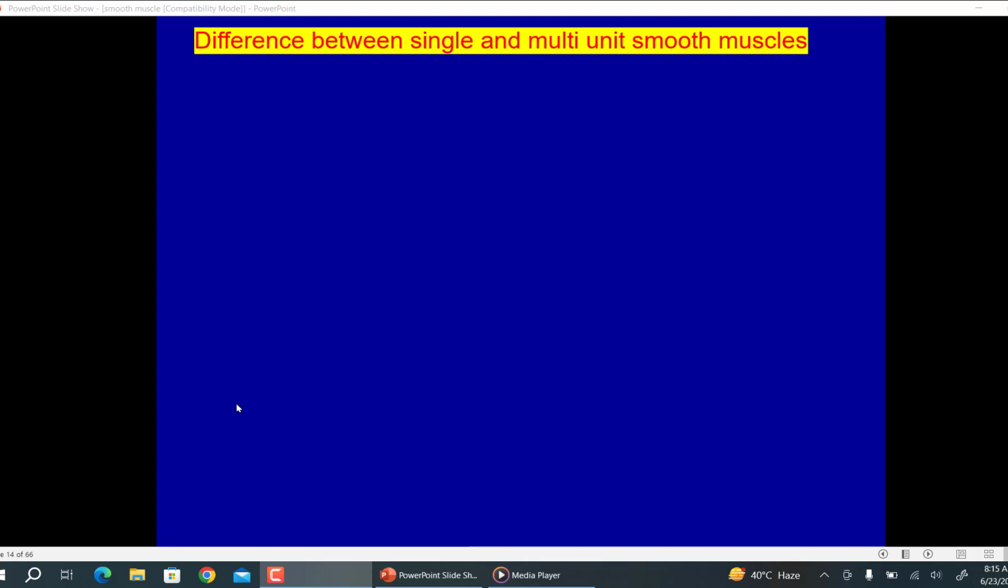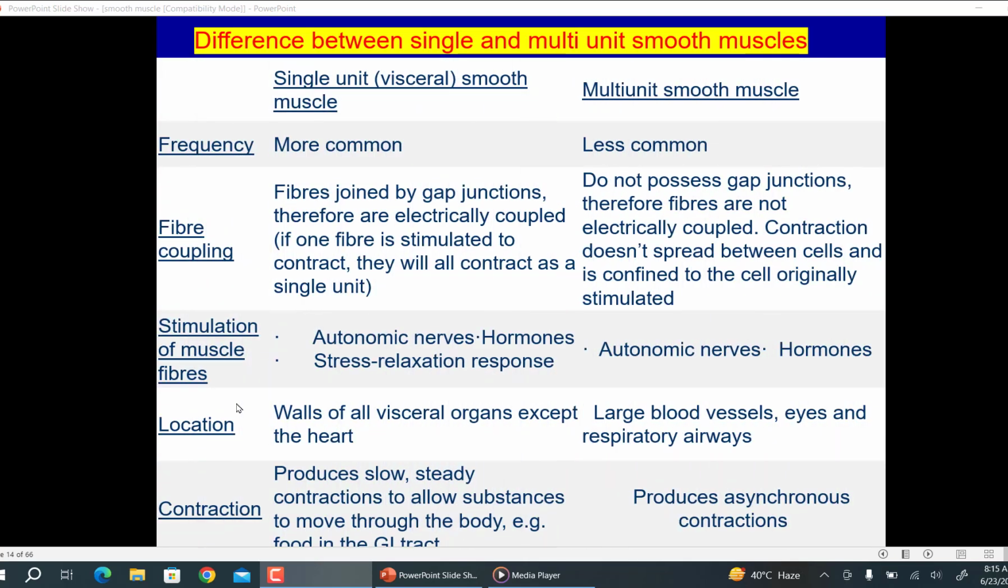So the difference between single and multi-unit smooth muscles. Single unit smooth muscle is also called visceral smooth muscle, and then multi-unit smooth muscle. Frequency: single unit is more common. They are present in many organs, and multi-unit are less common.